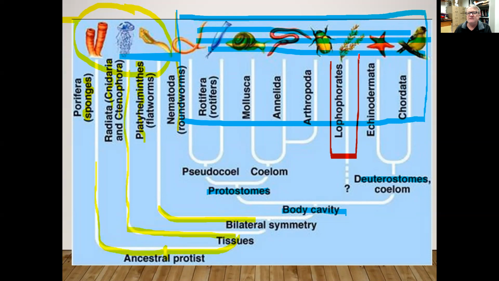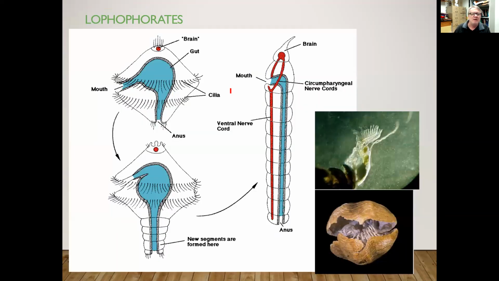the lophophorates. This group of organisms here, and notice that we actually have a big question mark there. We talked about these before because we're still having quite a bit of debate on exactly where they fit into our phylogenetic tree. But let's look at what they are, and based on the morphology, they are separated specifically because of a feature of their digestive tract.